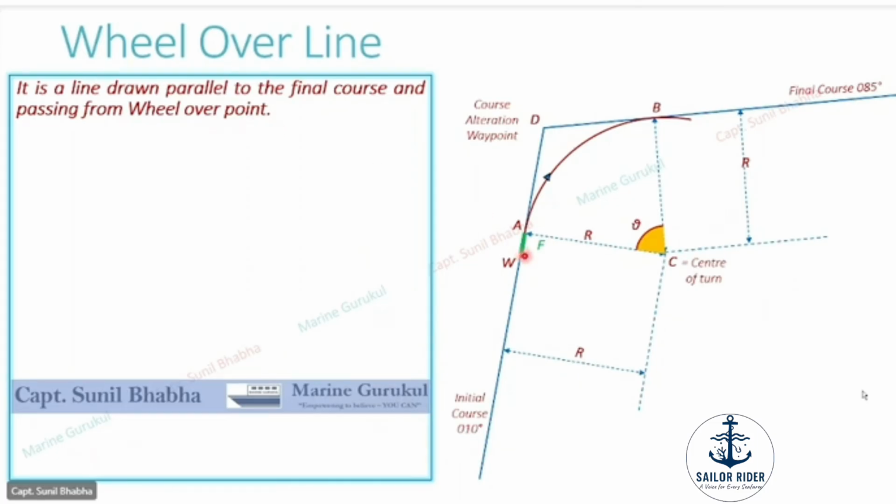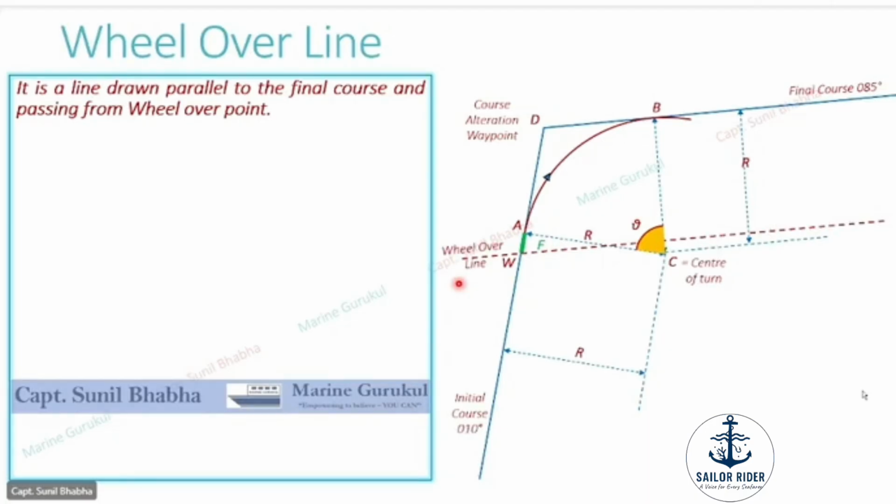So we have identified the wheel over point in our plot. We align our parallel ruler to the final course, transfer it to point W and draw this line. This maroon colored dotted line which you see is our wheel over line.